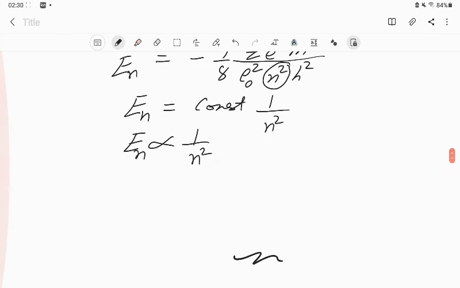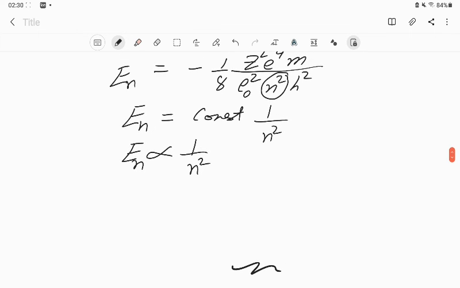It indicates the position of that orbit. So this is the total energy of the electron.